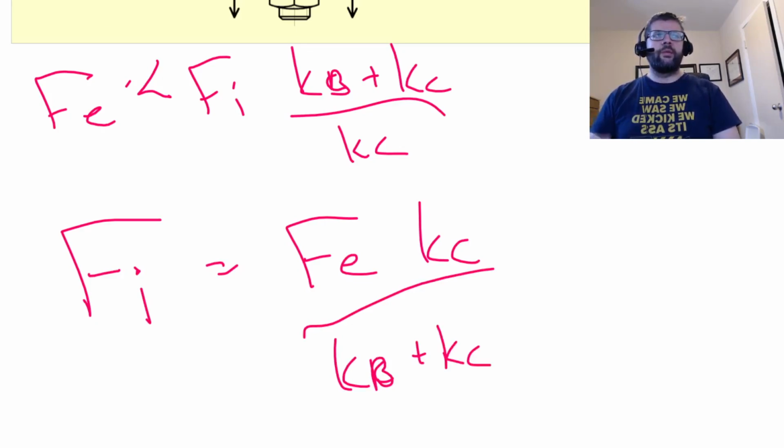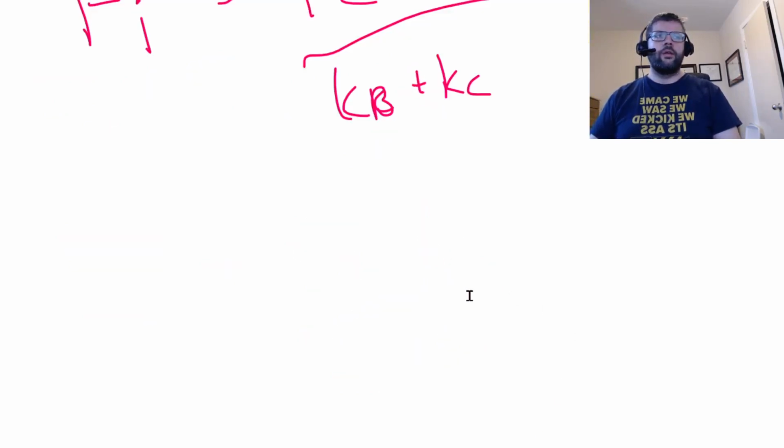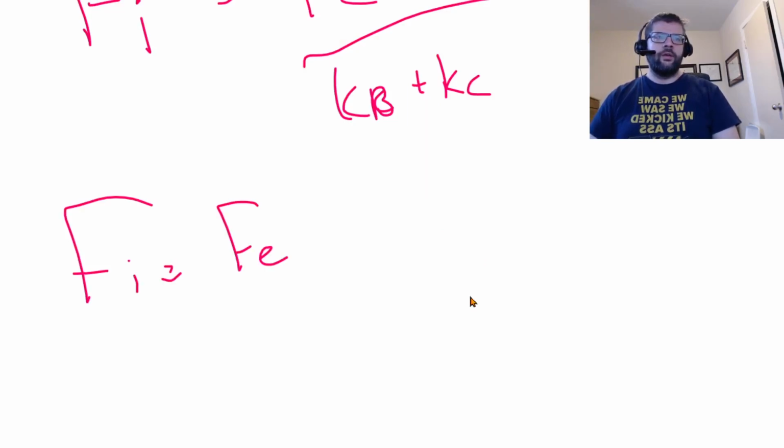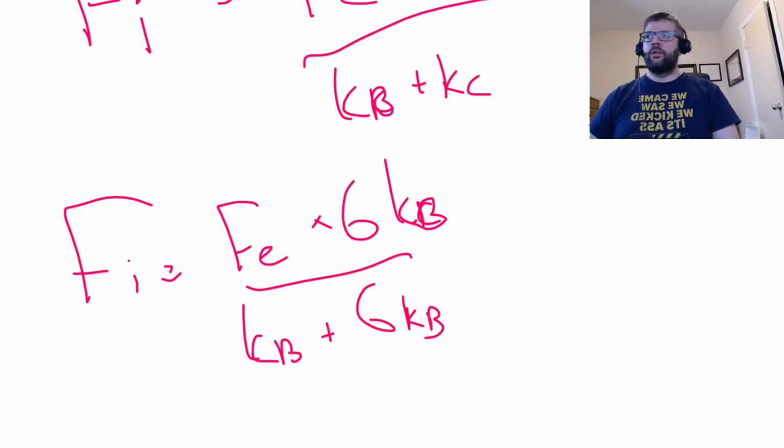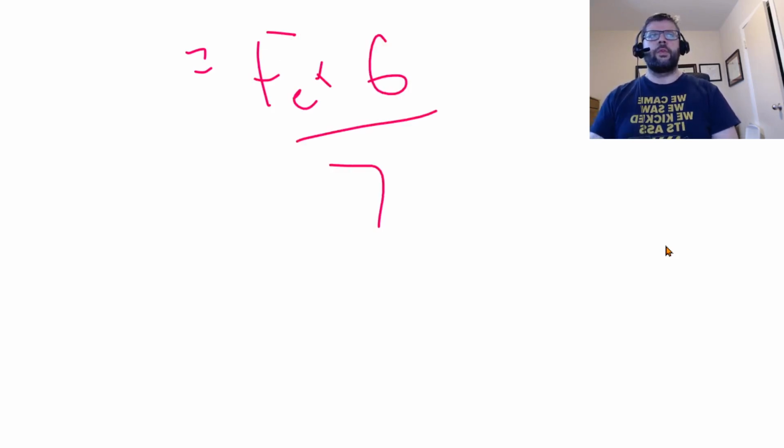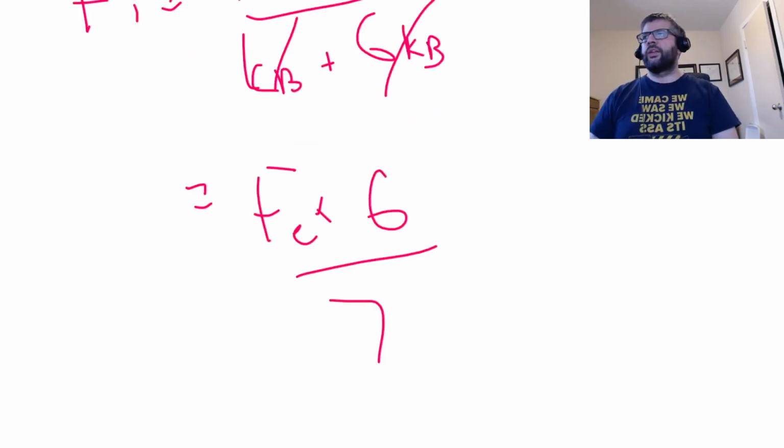Now keep in mind that we were given that KC is equal to 6 KB. So our FI needs to be equal to FE times 6 KB divided by 6 KB plus KB. So our FI needs to be equal to FE times 6 over 7, once we cancel out those KB's.